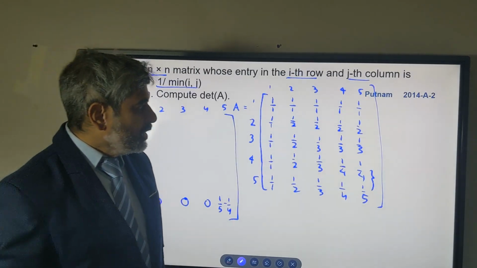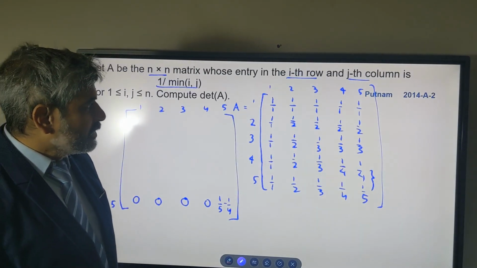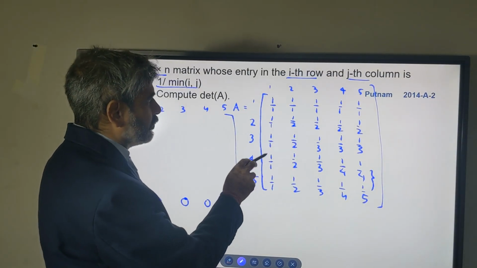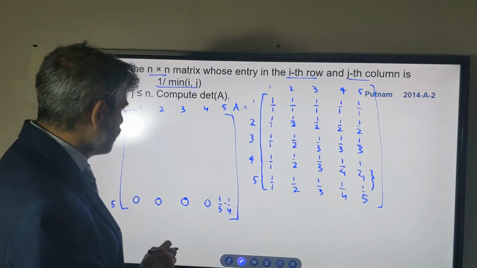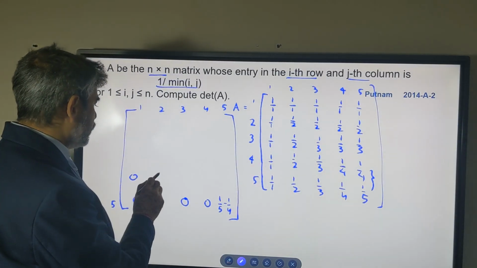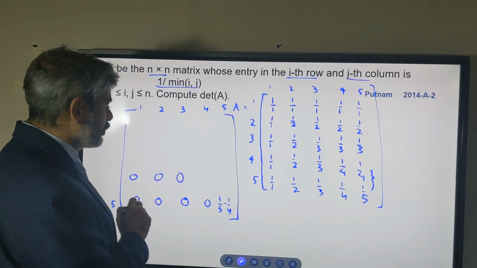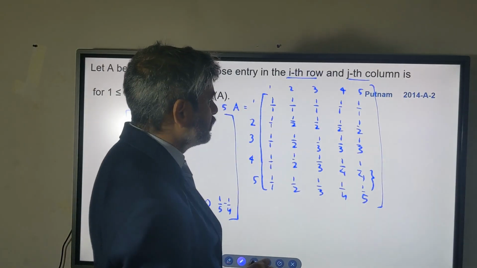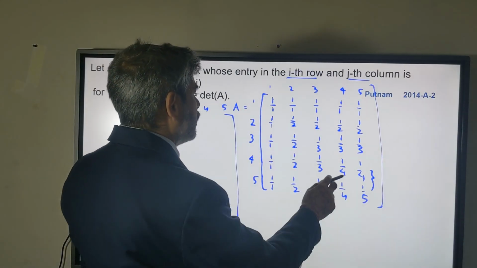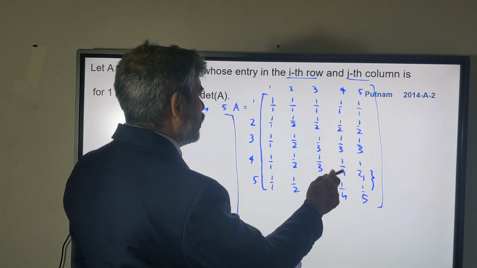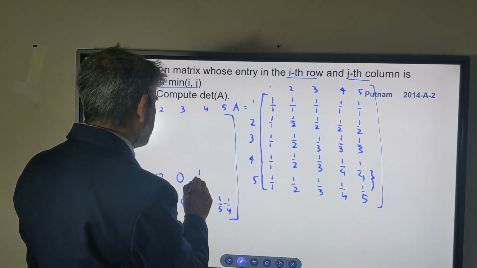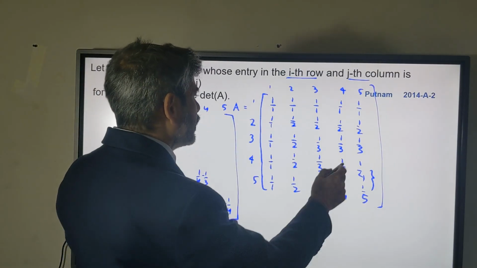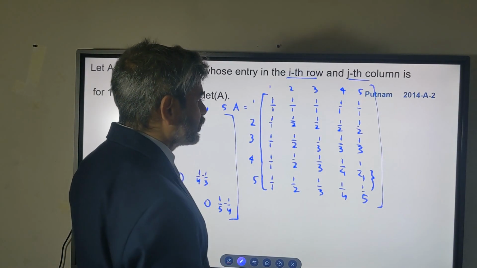And in the same way, if I try to subtract from this row this one, then all entries become 0 except the last two. This will become 1 by 4 minus 1 by 3, and this will become 1 upon 3 minus 1 upon 4.